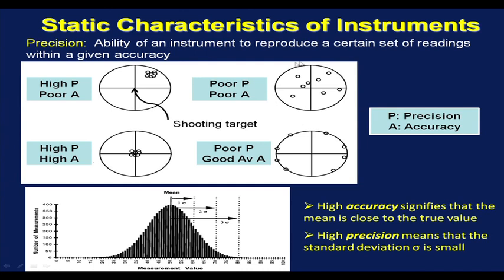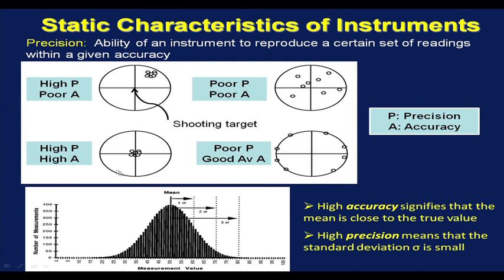Let us consider this scenario. Here the bullets are all scattered. So, this is a case of poor precision, poor accuracy.